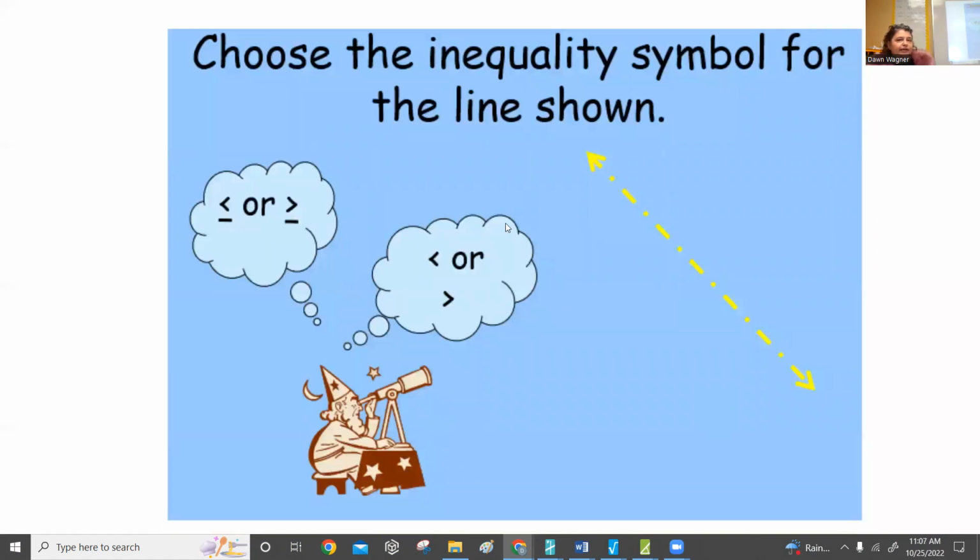Now, choose the inequality symbol for the line. Which one would it be if it's dashed or dotted? Am I going to use this first bubble or would it be the second bubble? Second bubble. Okay, we all are cooking with fire now. Because if it has a line under it, it'd be a solid line. With no line under it, we make it dashed.